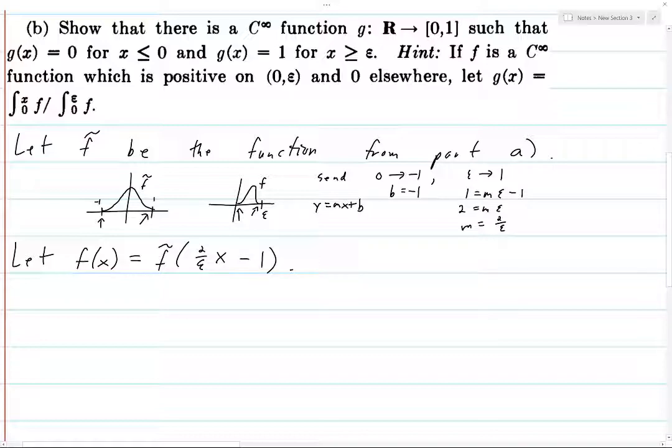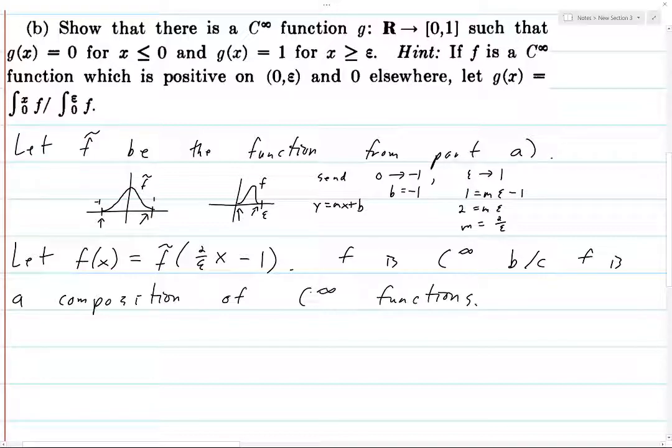Let's see here. f is C infinity because f is a composition of C infinity functions. And like I discussed in part A, compositions of C infinity functions are C infinity.